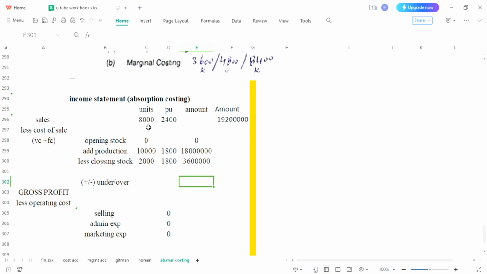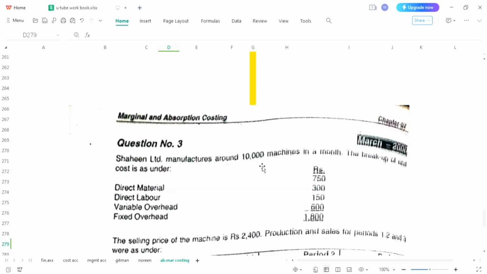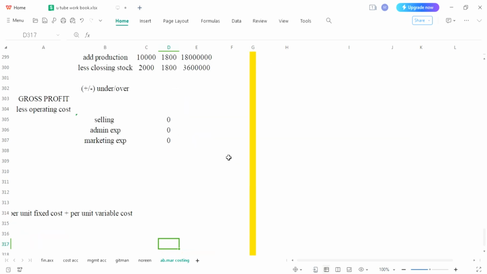It's time to see if there is any over or under production. For that we needed standard production, and standard production is given over here. In a month, capacity of this organization is to produce 10,000 units. That means this manufacturing concern can produce 10,000 units, and how many units we have produced in this month is 10,000.